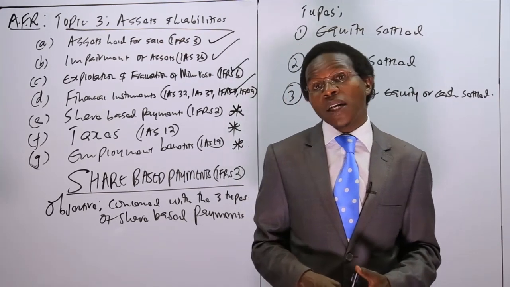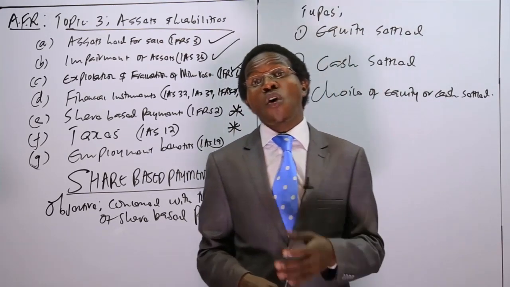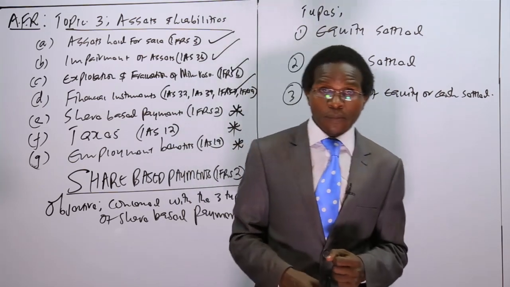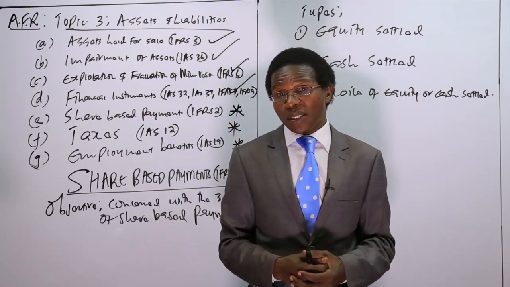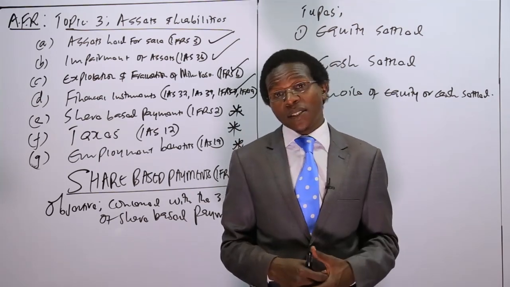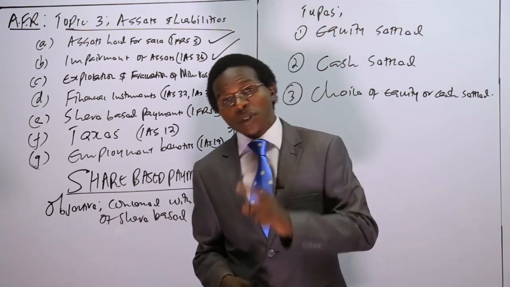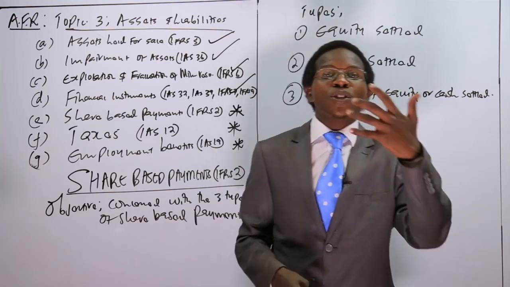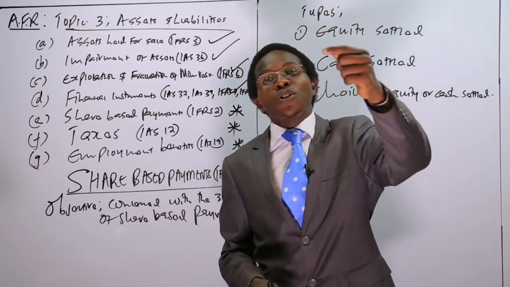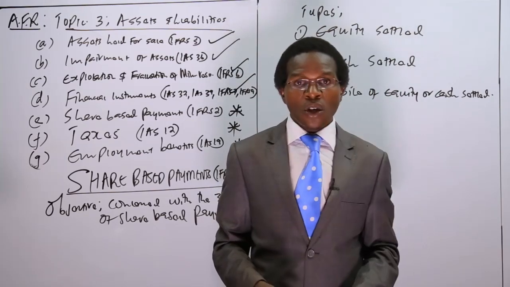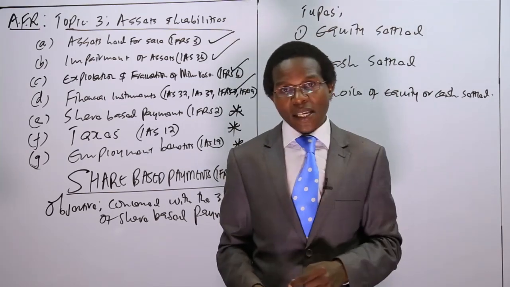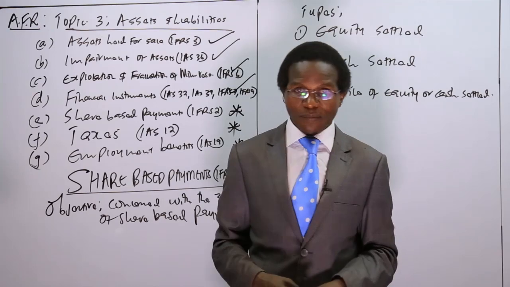Another big difference is on recognition and measurement. How do we measure this? Remember, when it comes to equity settled, we are going to recognize them using the fair value at the grant date, or the agreed price at the grant date.